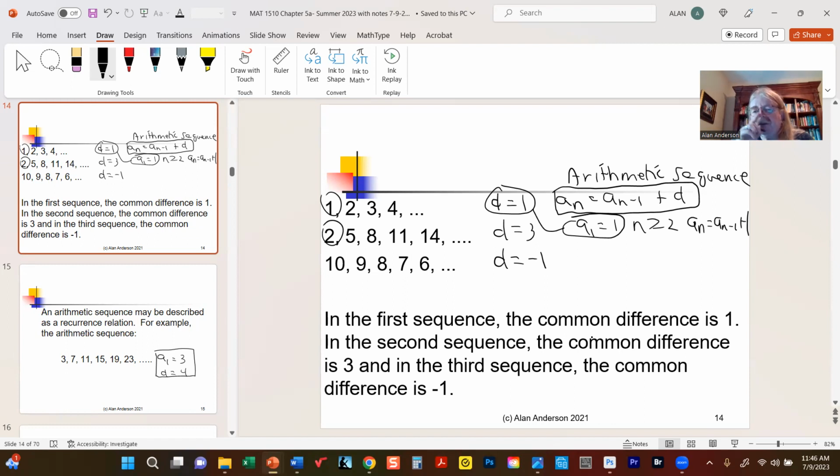So this formula can be used to generate any term I need. So if I needed, for example, a10, it would be a9 plus 1. But then we could go through the whole list and we discover that this one is equal to 10 because this one would be 9.